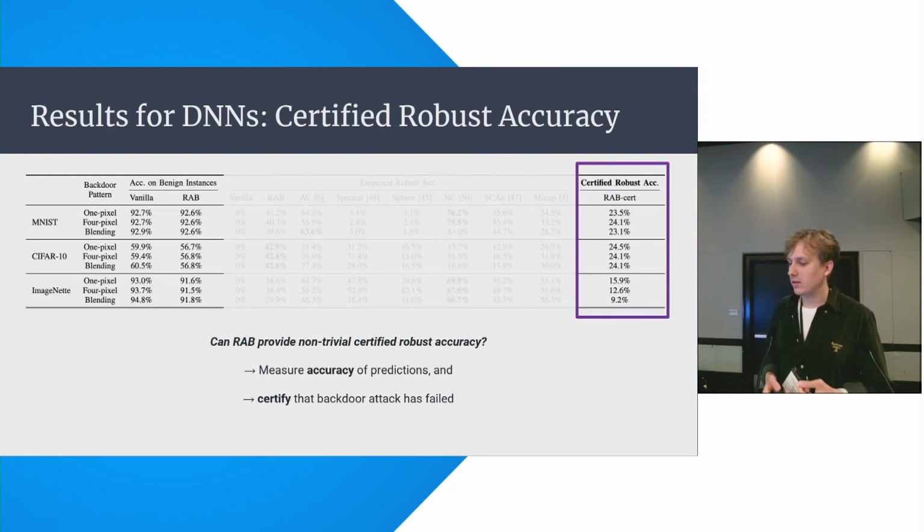This means that, for example, if we have 24% certified accuracy, then not only were the examples which were successfully backdoored on the vanilla model correct, they were also guaranteed to have not been affected by the backdoor. So they are guaranteed that the backdoor attack has failed on those examples.